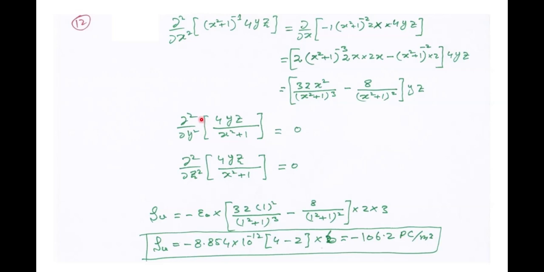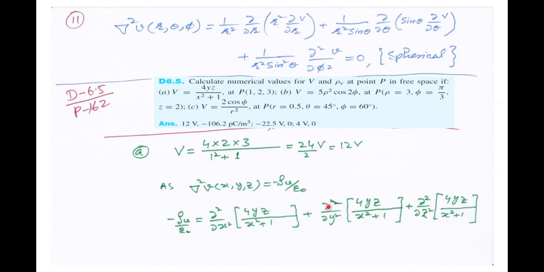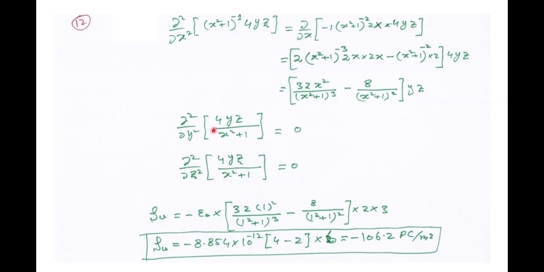Then differentiate the second term of this equation, partial square by partial y square. On the first differentiation you will get 4 times z divided by x square plus 1.